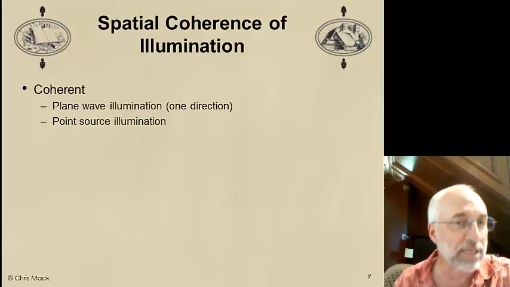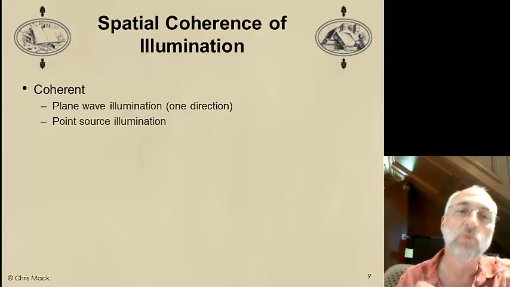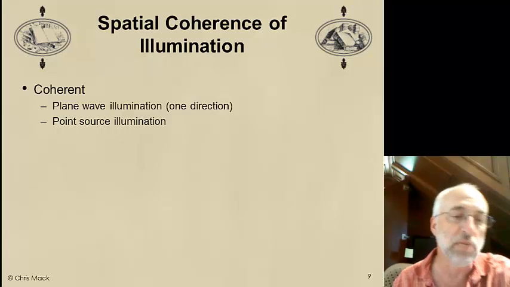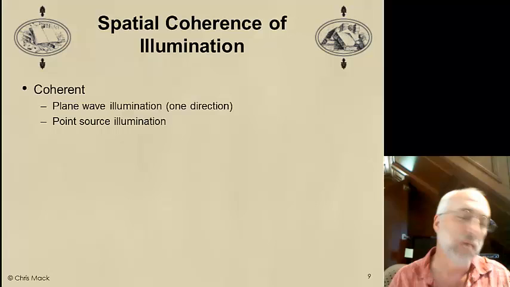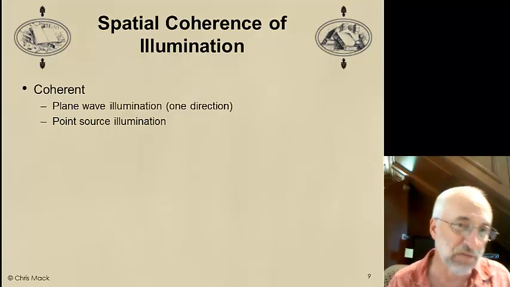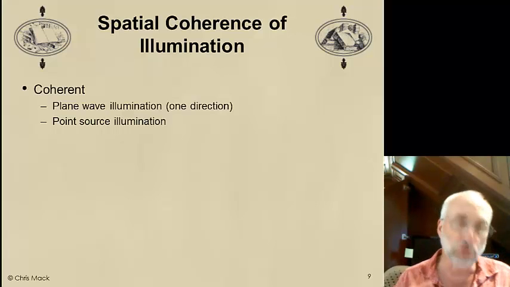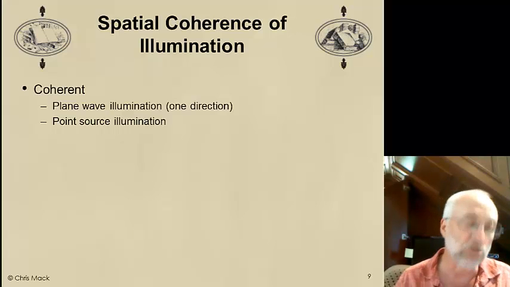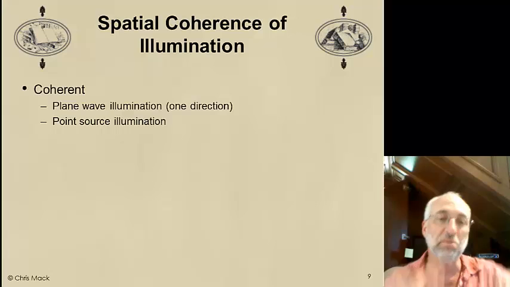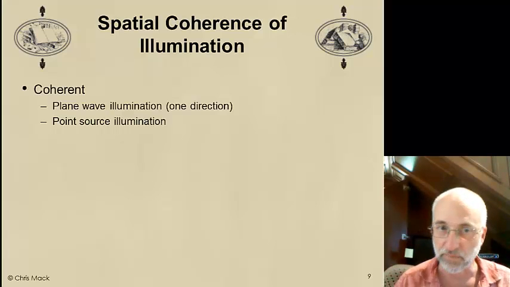Now, by convention, if we don't say anything else, when we say coherent illumination, we always mean that the one direction is normally incident. But that's not really a definition, that's more of a convention. You should specify which direction you're talking about if it's coherent illumination. But generally, if we say coherent illumination, we mean normally incident light.